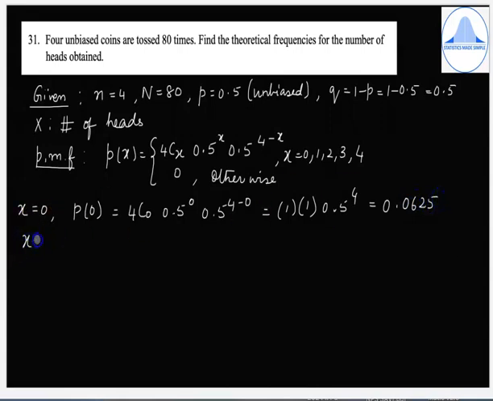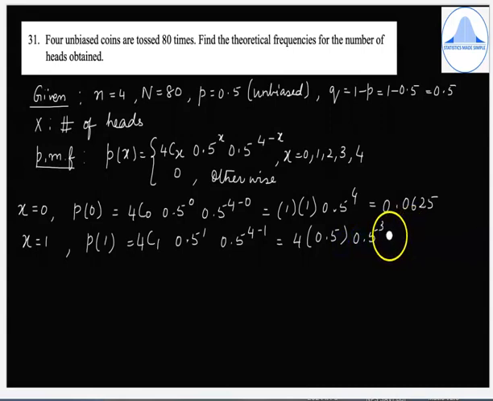Similarly, when x is equal to 1, P of 1 is equal to 4C1, 0.5 to the power 1, 0.5 to the power 4 minus 1. So 4C1 is 4 into 0.5 into 0.5 to the power 3, which is equal to 0.25 on simplification.